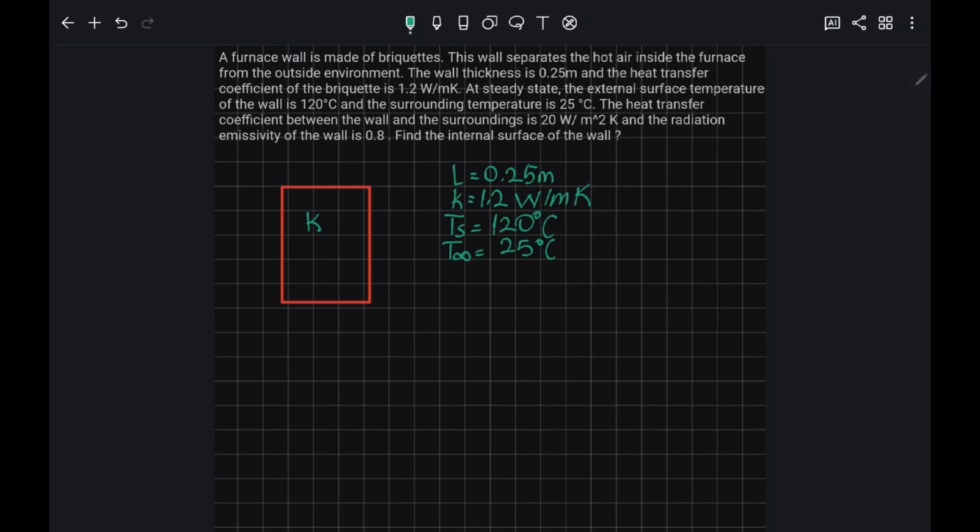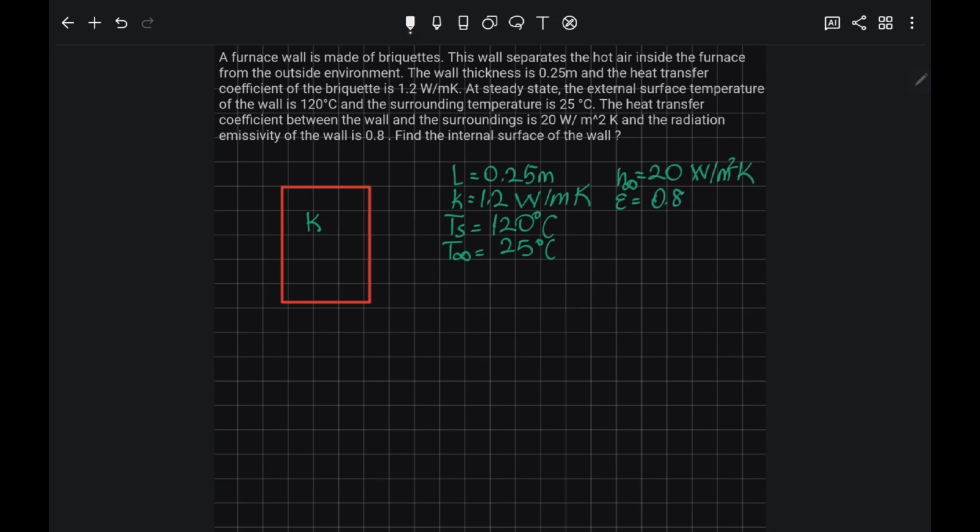And the heat transfer coefficient between the wall and the surroundings is 20 watts over meter square Kelvin. And the emissivity is 0.8.